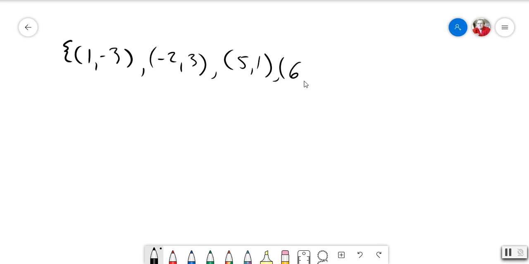So given a function, how do you find the inverse? This equals function of x.